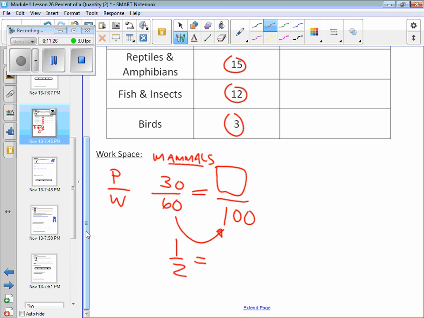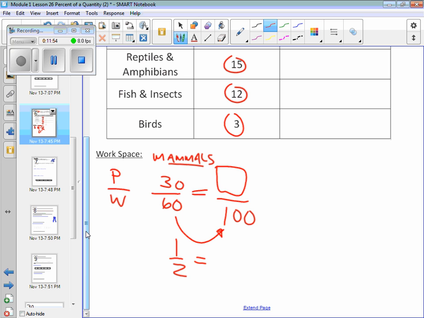Now, I'll be honest with you. I think we talked about this with Dylan and Alexa and Murmur. 1/2 falls into what I consider a member of your fraction family. When I say it's a member of your fraction family, I expect between now and the end of the year, when you see a 1/2, you should automatically know that that is what percent.